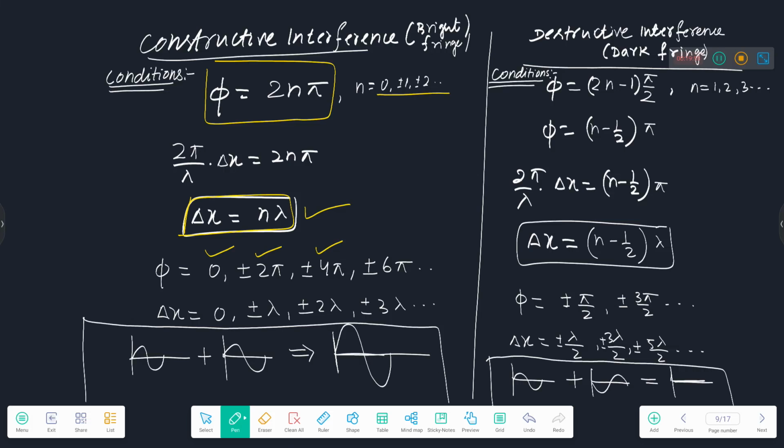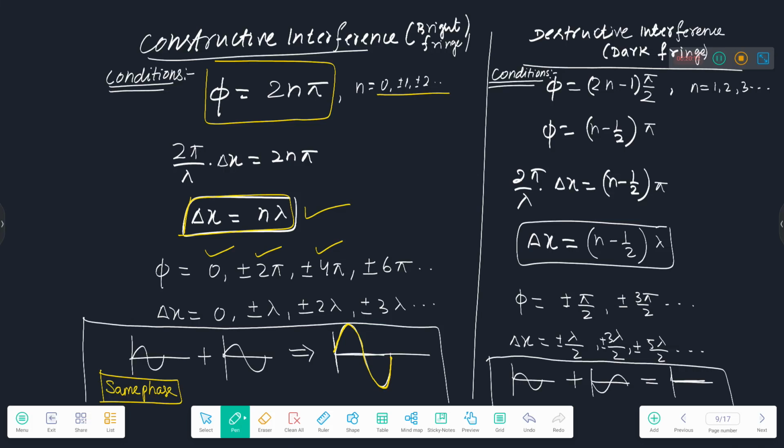Similarly delta x comes as 0, plus or minus lambda and so on. Remember, if two waves have the same phase or an even-number multiple of phase, then only they will constructively interfere. You'll get a resultant wave like this, whatever is given here.